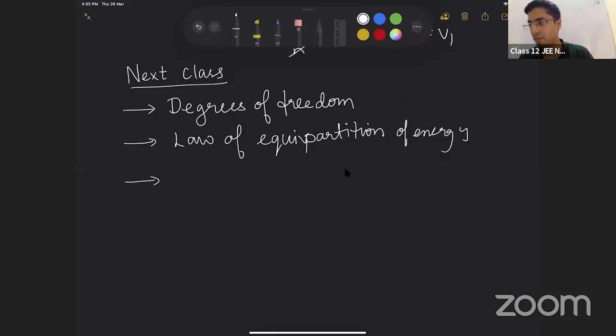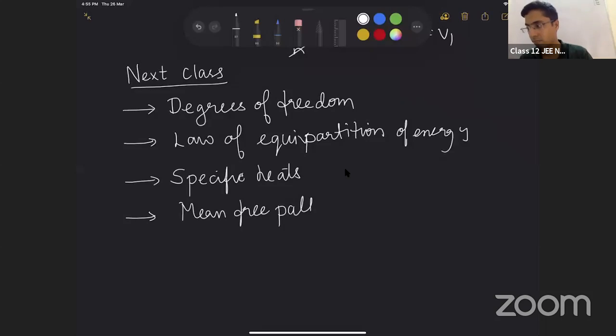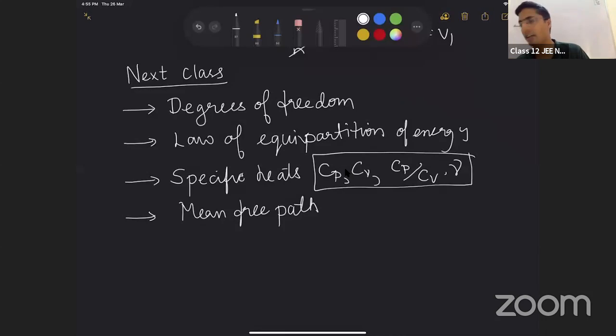Then specific heats, mean free path. CP, CV, how all this comes. You must have studied some of this in chemistry. Gamma. This we will study for different types of gases. That's the focus of our next class.